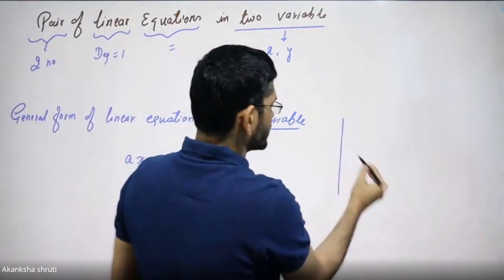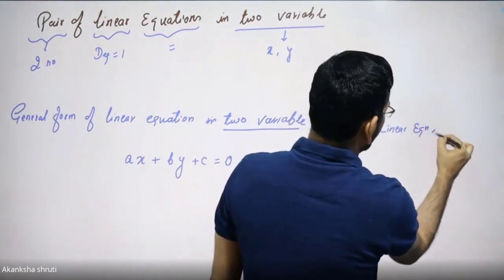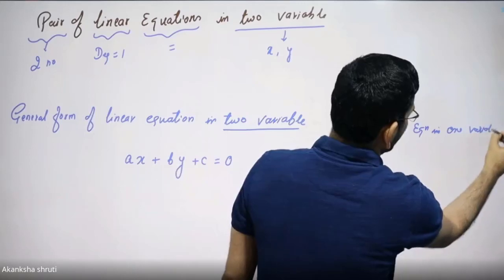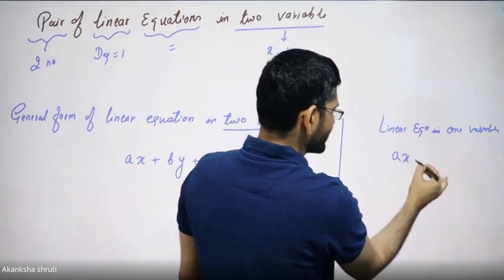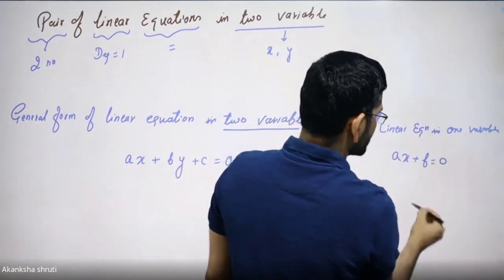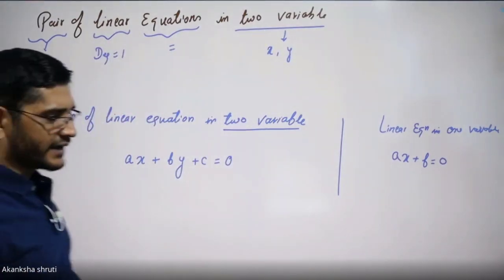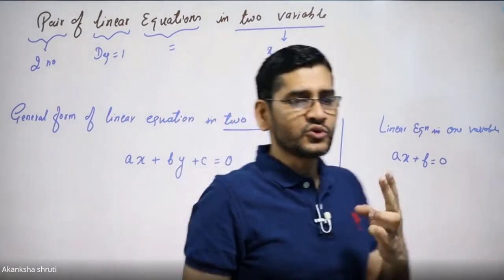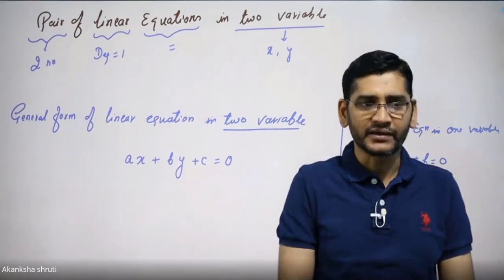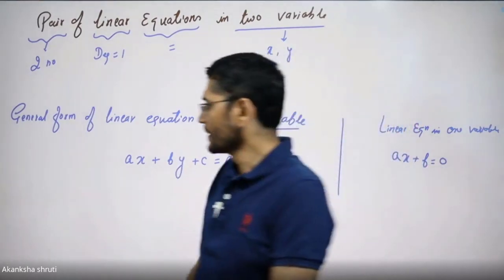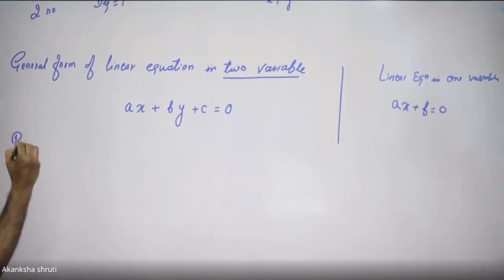Just recall your concept. In class 9th or 8th, we learned the linear equation in one variable. Only the variable x was taken, it was ax plus b equals 0. It was like this. Now, we have learned that we need two such equations to get particular values of x and y. So that's why the pair of linear equations in general form is denoted like this.